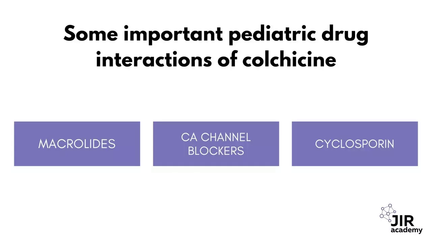And its primary function is to facilitate the excretion out of the body to protect against toxicity. And this explains the drug interaction with other drugs using a similar pathway. Notably, in children, we use calcium channel blockers, different conazoles, macrolides, cyclosporine.